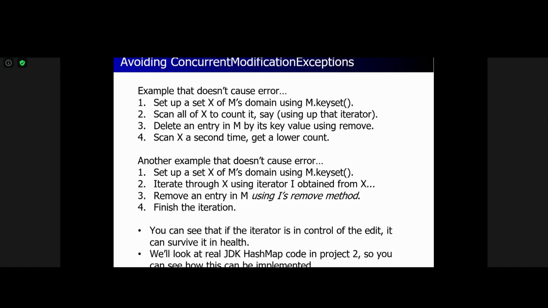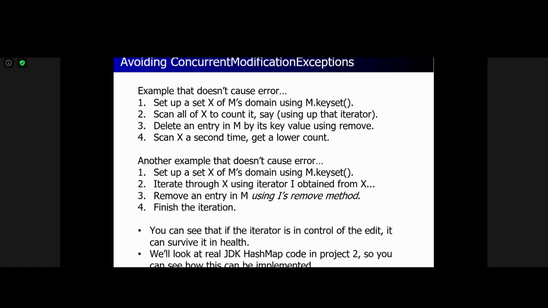You set up this set X of the domain, and then you iterate through it with an iterator I that you got from the set, the full iterator with a remove, and you remove an entry in the base set using the iterator remove method, and you can continue. You can continue to use that iteration because the iterator knew everything about the remove. It remains healthy. Okay?